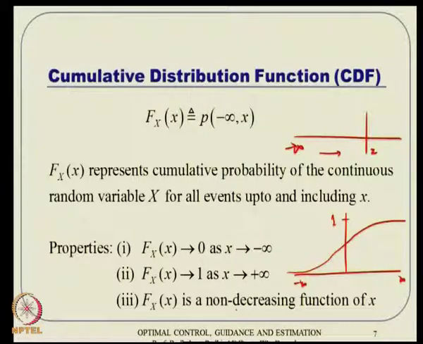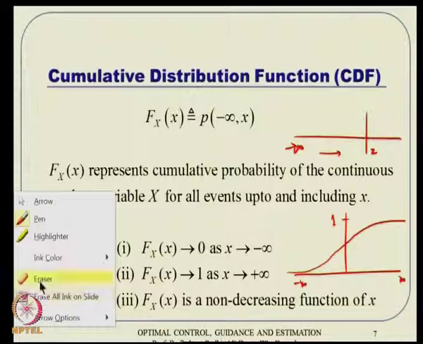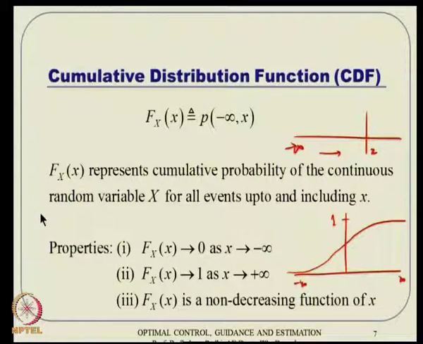Obviously F of x is a non-decreasing function of x. It keeps continuously increasing, starts with 0, slowly builds up, and somewhere it stabilizes at 1. So that's the concept of the cumulative distribution function.